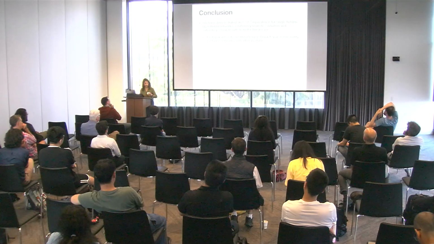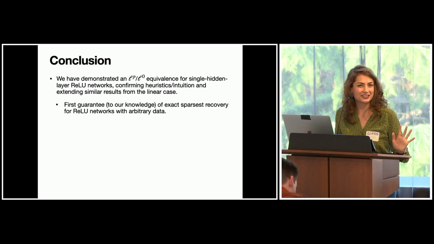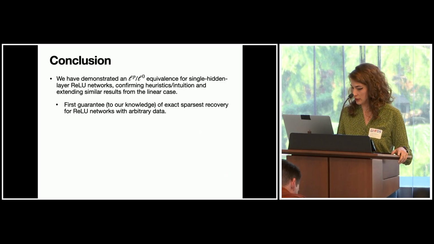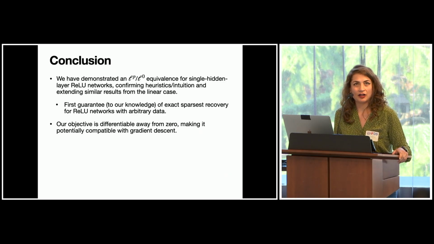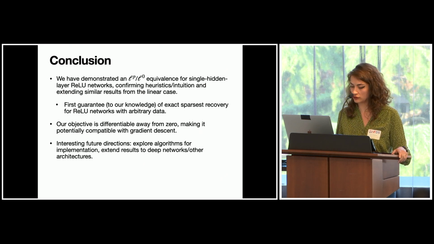So basically, just to wrap everything up, this is, to our knowledge, the first sparse recovery guarantee for ReLU neural networks with arbitrary data. The LP objective is also differentiable everywhere away from 0, so it could potentially be compatible with gradient descent, which maybe makes it attractive for practical use.